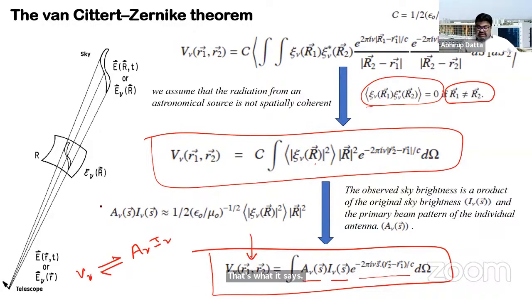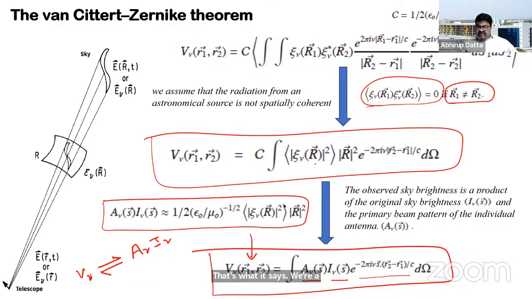Where A nu I nu is a redefinition of this particular eta nu R square. This function is redefined in terms of A and I. Now, A and I have a significance. What is I? I is the original sky brightness. If you remember our first week or second week of lecture, we defined something called a specific intensity.